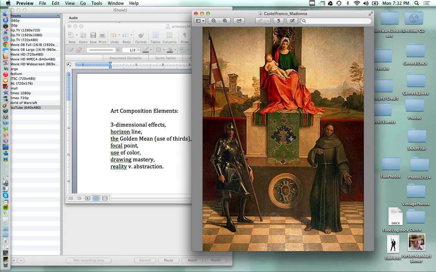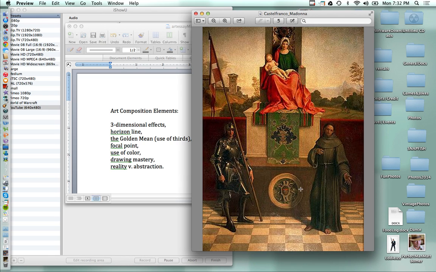The throne, of course, is representing royalty and how Jesus and Mary are royalty in the Christian faith. Also in Spain, the head of the king, who was head of state, was beholden to God and was responsible to God. Here is the soldier who represents the state and the monk who represents the church.